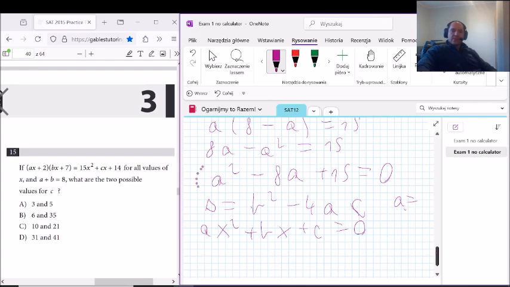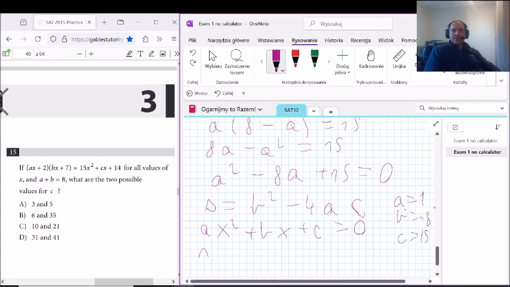Well, we don't see any number here, which means it is 1. For b, it is the number that we multiply by a here, which is minus 8. And c is the free number, where there is no a or x near it, so it will be 15.